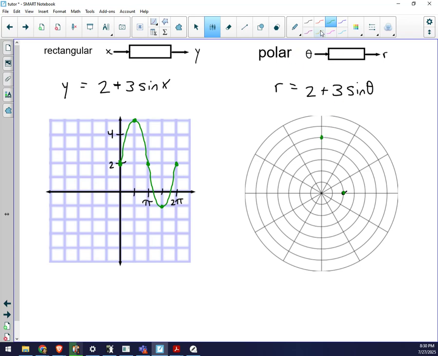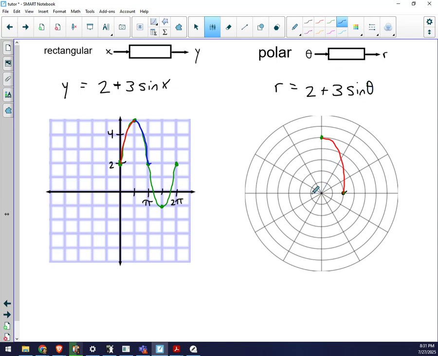Now, here's the thing. R, the y coordinate, increased from 2 up to 5. So the radius is going to increase from 2 up to 5. 5 is where it maxes out. And then the radius is going to come back down from 5 back down to 2 by the time theta equals pi.